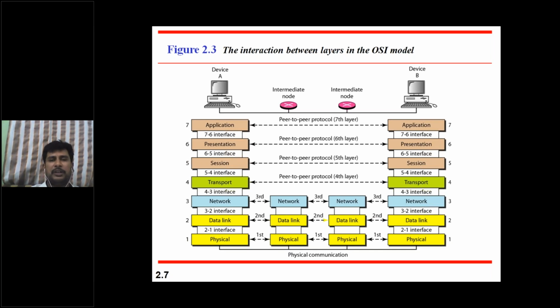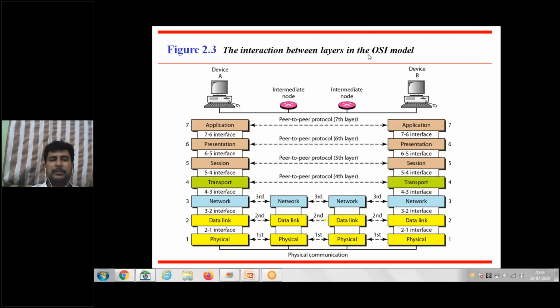Here you can look at the figure, which indicates the different layers and the interfaces between them. So we have the different layers, then the interfaces connecting two adjacent layers, called peers, and to connect the different devices, we use intermediate nodes like routers or switches.